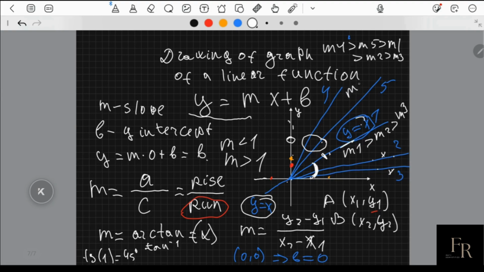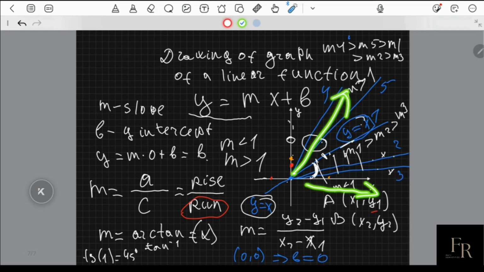So here, m is bigger than 1. Here, all of this, m is smaller than 1. But in all of these cases, from 1 to 5, because as x increases, y increases, we know that m is bigger than 0, not negative.